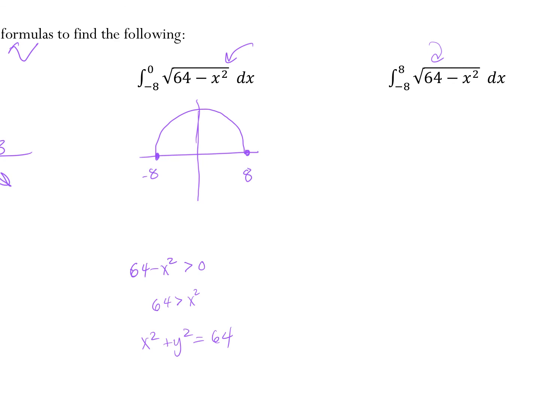All right, so if I'm finding the area between 0 and 8, it's a quarter of a circle. So I'm not very good with numbers, so can you guys help me out? What is the area of a circle? Pi r squared.